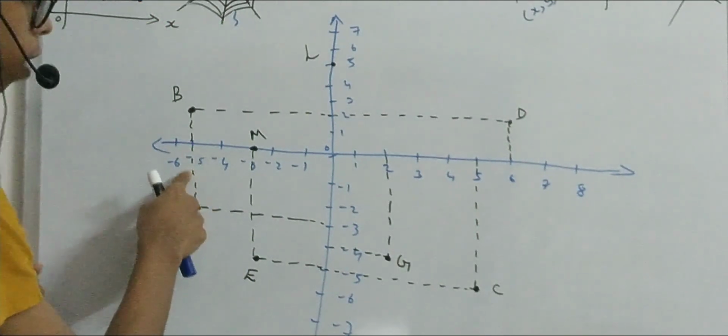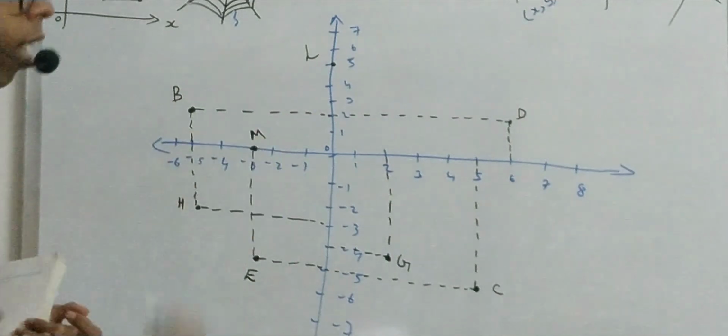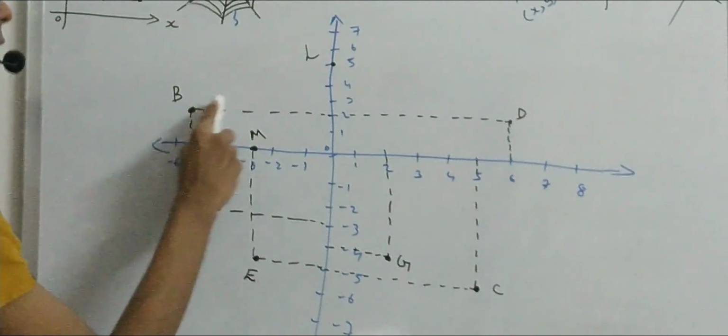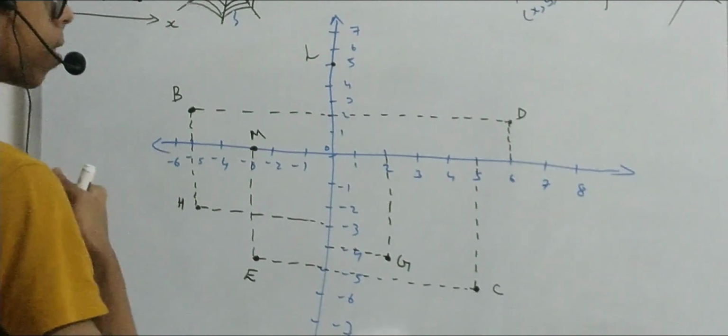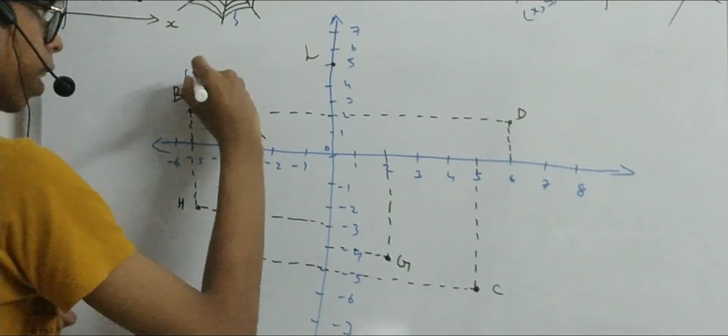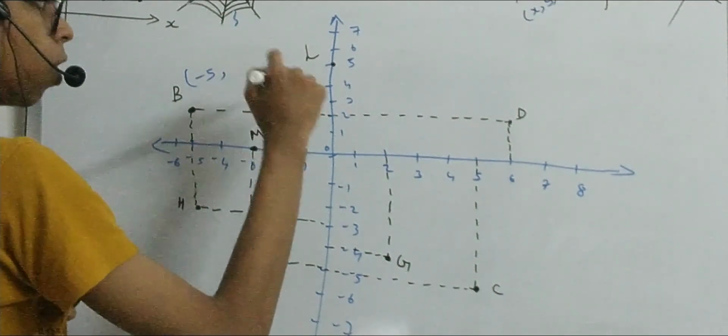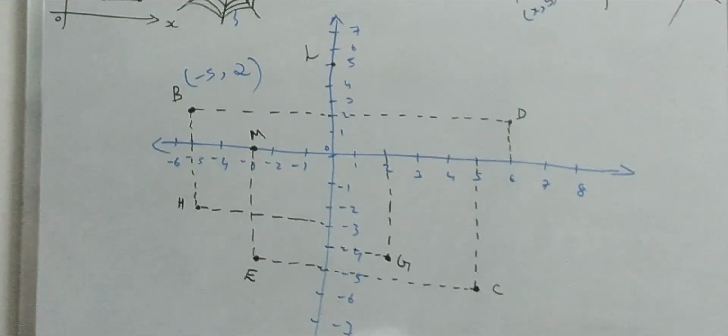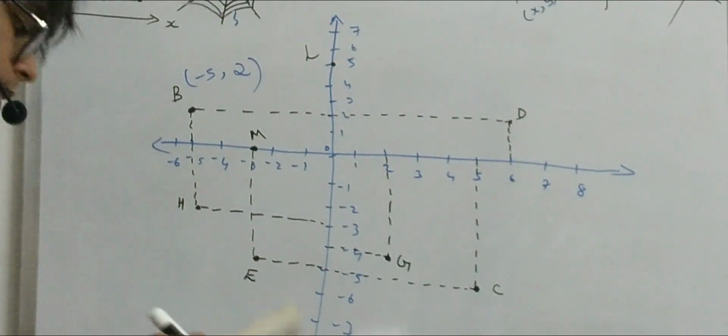First we look at the x-axis, then the y-axis. So point B is on -5 on the x-axis and on 2 on the y-axis. So when we write x, y, it will be -5, 2, positive 2. So the coordinates of point B are -5, 2. Okay, I hope it is clear.